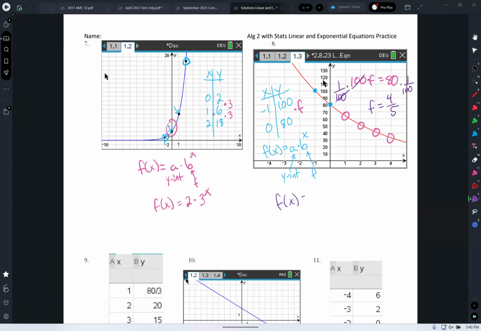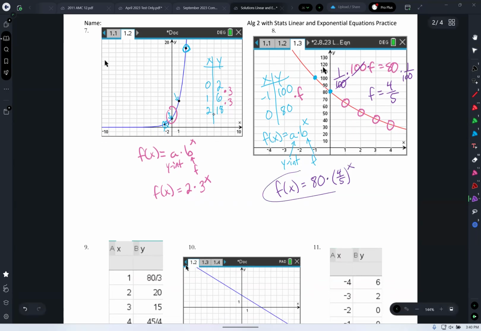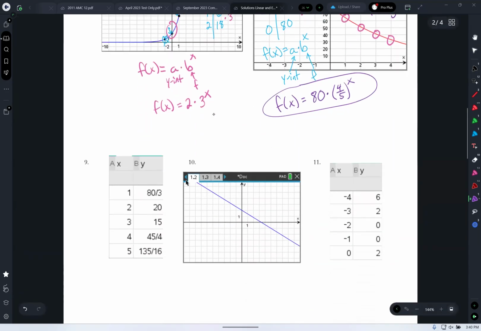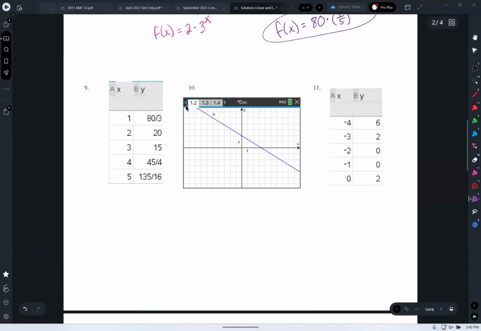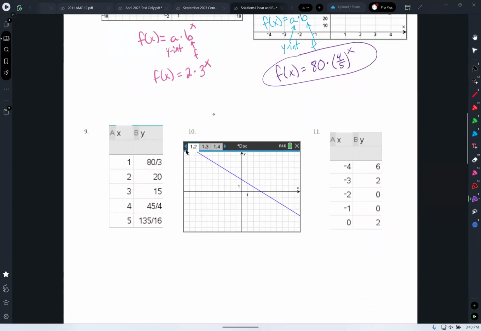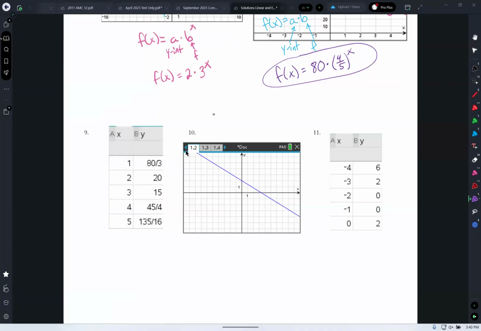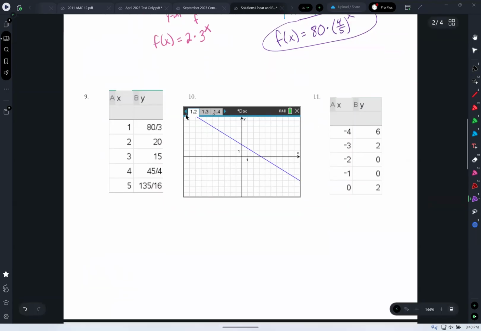So my y-intercept is 80 times my constant factor of 4/5. There is the equation for that function. And you can do the same thing with number 9. I've already given that solution in the answer key that I gave you.